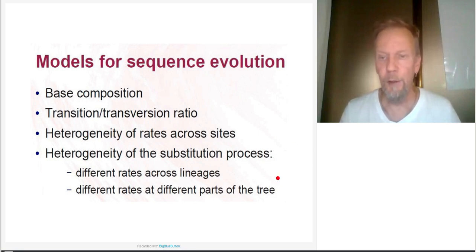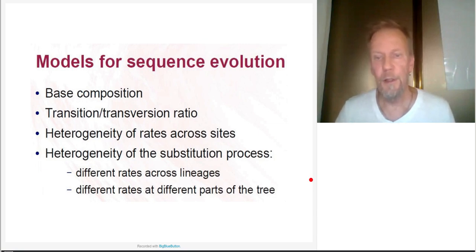And within the tree, we may have different rates in different lineages, or in other words, different rates at different parts of the tree. So assuming that we are looking at a large tree with fishes and land-living tetrapods, and we look at enzymes involved in gas exchange, like carbonic anhydrases.